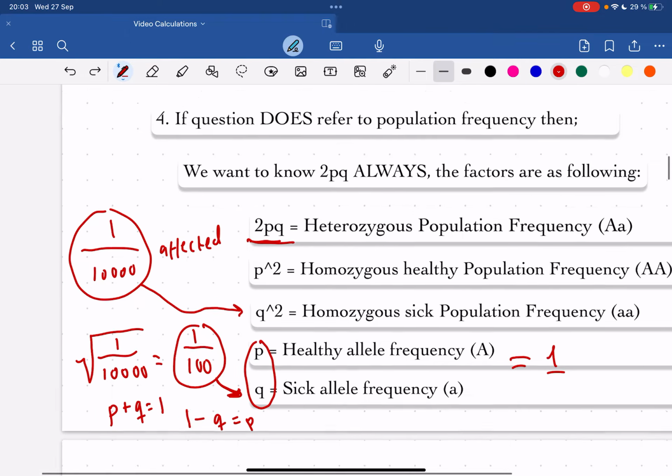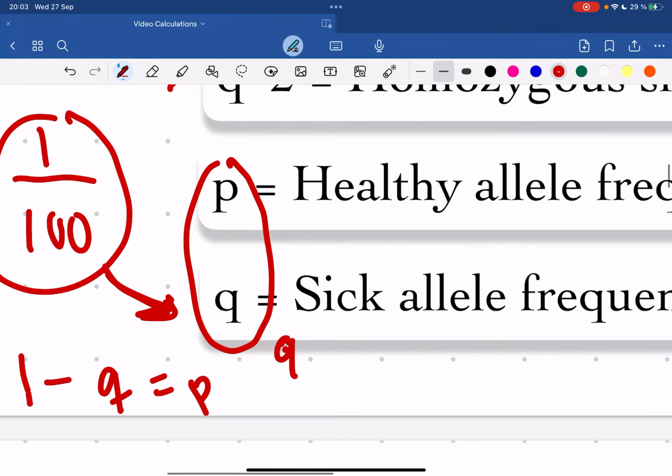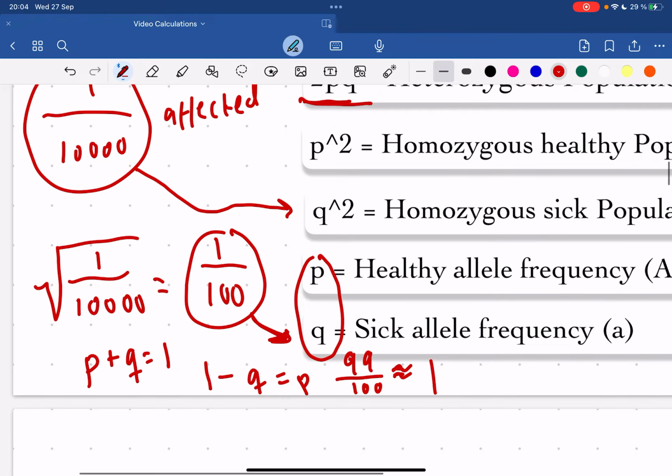So that would be 99 over 100, right? 1 minus 1 out of 100 equals 99 over 100, which we can say is approximately 1, all right?